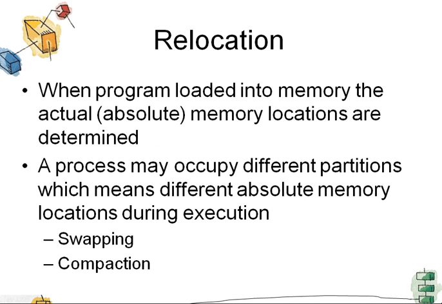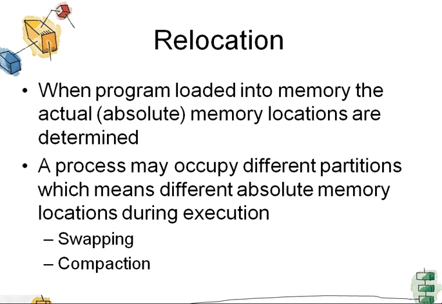Now the next topic is relocation. When a program is loaded into memory, the actual absolute memory locations are determined. When we load the program into memory, only then can we determine its absolute address.